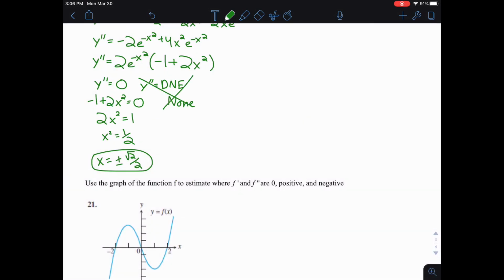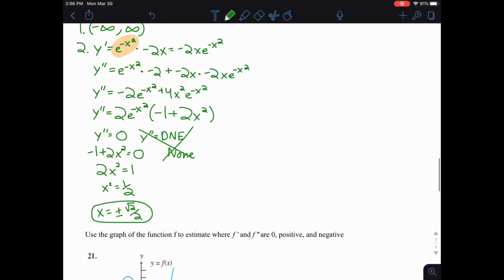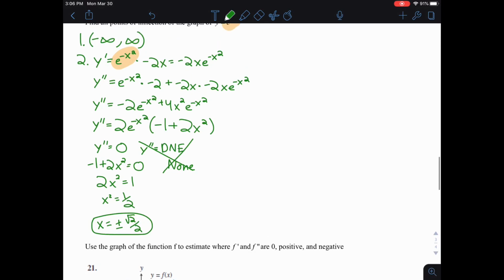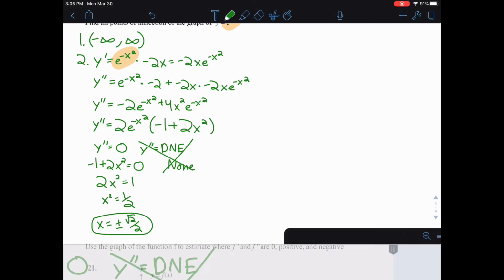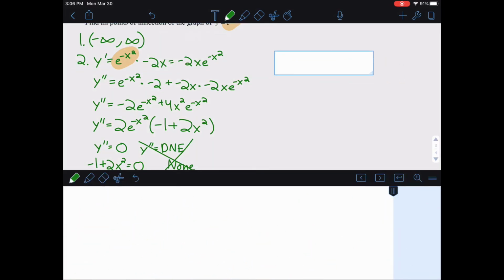Okay, and so now I have my two possible points of inflection at plus or minus root 2 over 2. I'm going to use these and split up my domain into three pieces. Step 3 I'm going to do up here to the right because I'm out of room.